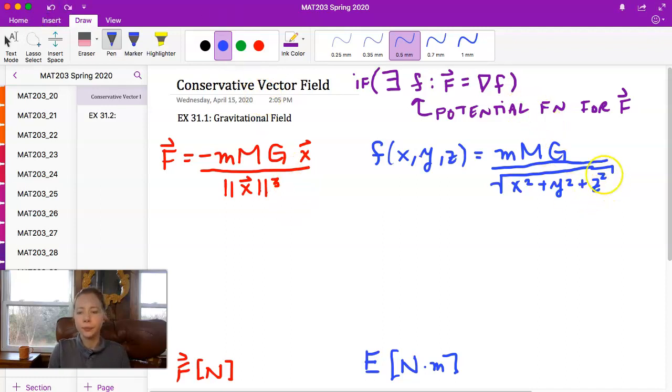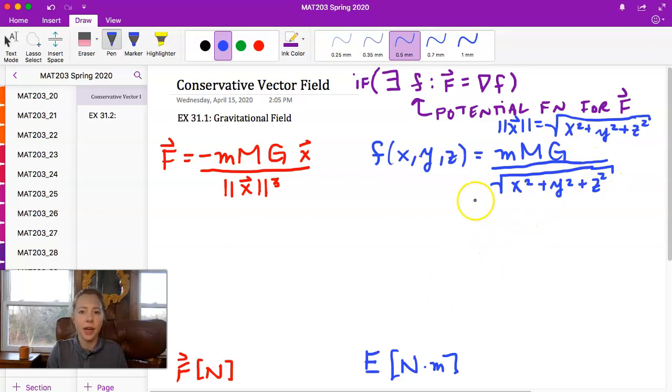And here, you're dividing by the square root of x squared plus y squared plus z squared. And remember that in this case, the magnitude of x is equal to the square root of x squared plus y squared plus z squared. So dimensionally, they come out the same.